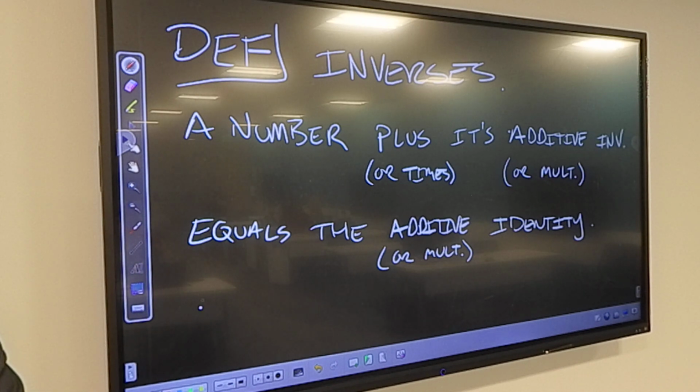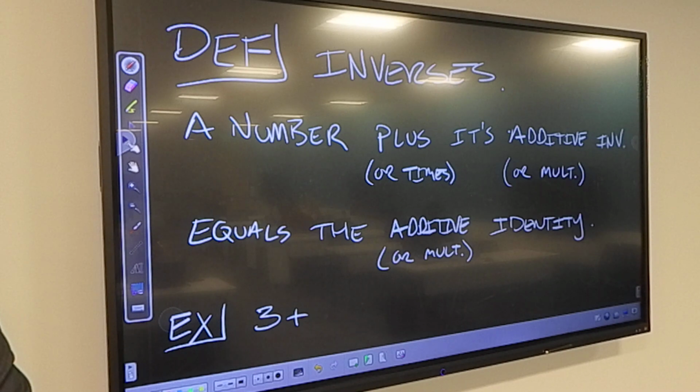So we'll start with an example. I randomly selected 3. And inside this box, I want to write down the additive inverse of 3, which would cause me to come out equal to the additive identity.